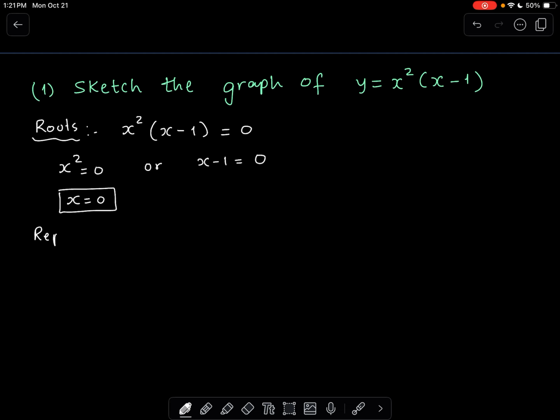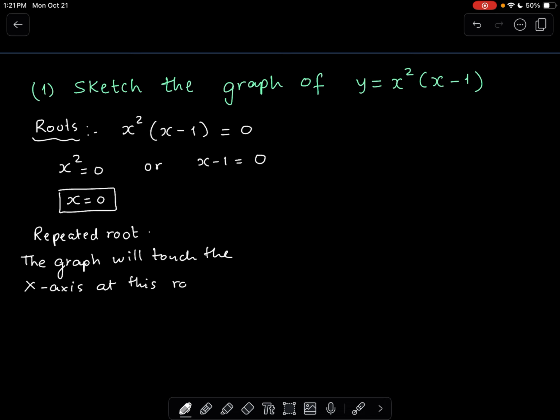This is a repeated root, simply because you're having x squared. That means the graph will touch the x-axis at this root. And we're having the second root as x equal to 1.